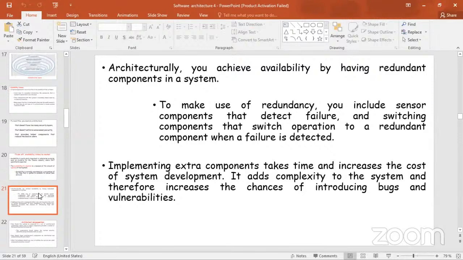So let's continue. To make use of redundancy, you include sensors, right? That's to pick up maybe a failure somewhere. That's a sensor component that detects failure, and switching components that switch operation to a redundant component when a failure is detected.